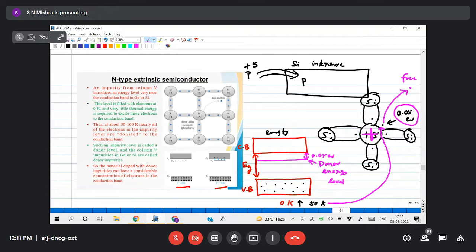Donor energy level. Once this electron comes out from this nuclear force, then I am getting an electron here and a positive ion. Are you getting my point?